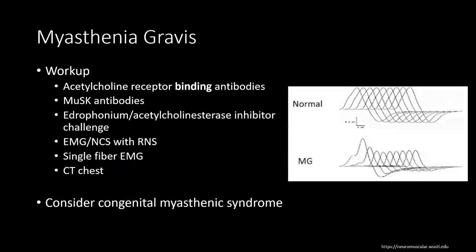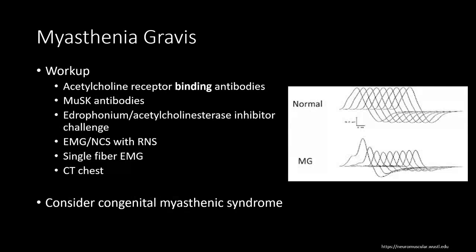In a patient who you're suspicious of myasthenia gravis, I've outlined the workup here that you should consider. Acetylcholine receptor binding antibodies can be sent from the serum. Most people have probably also seen that tests exist for modulating and blocking antibodies as well. Those are not very sensitive or specific, so there's a lot of false positives and a lot of patients who have myasthenia who don't have those antibodies.